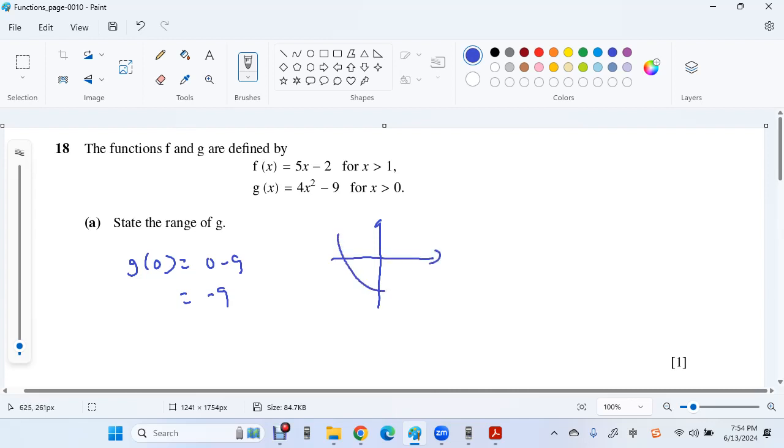The graph is something like this. This is negative 9 here. So the domain is x greater than 0, then we take this part only. So the range of g(x) will be greater than, not greater than or equal to, negative 9 only.